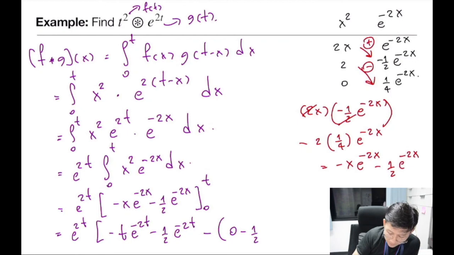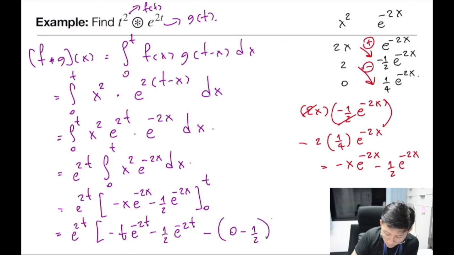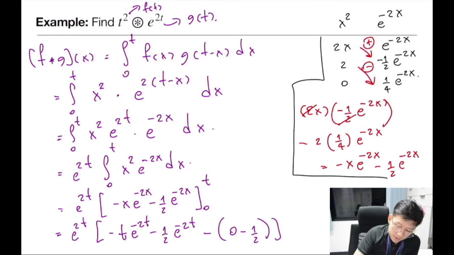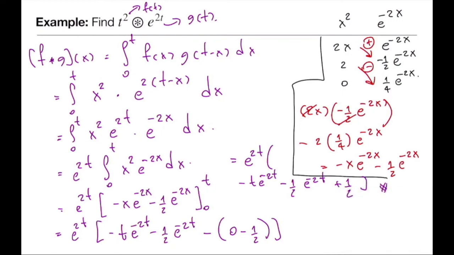Minus 1/2 e to the minus 2 times 0 is 1, right? So you get only minus 1/2. So we have e to the 2t times bracket minus t e to the minus 2t minus 1/2 e to the minus 2t plus 1/2, and that's it.